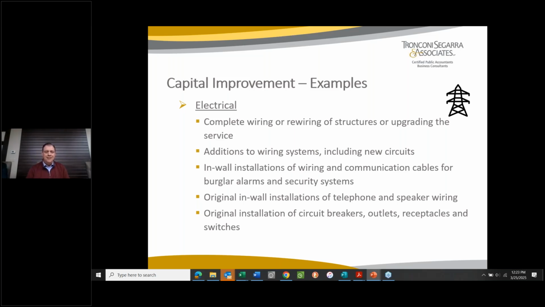And these days, we don't have too many people installing new phone lines or cable lines. Everything's streaming or digital these days. So that's kind of gone by the wayside. The installation of computer cabling, digital, fiber, coaxial, that's still being used. That's all going to be considered a capital improvement too, as well as your typical circuit breakers, outlets, receptacles, switches. That type of stuff is going to be considered a capital improvement, if you're an electrician.